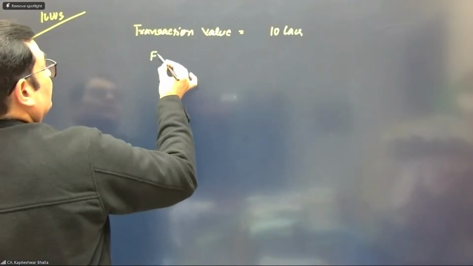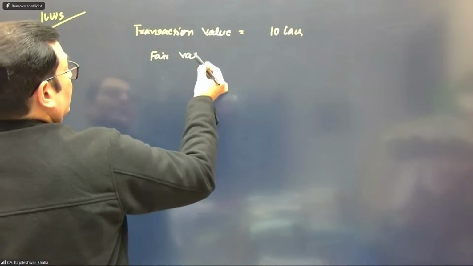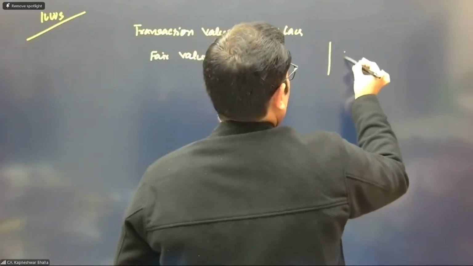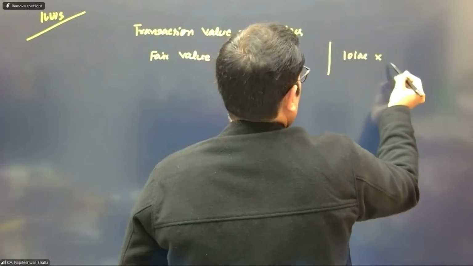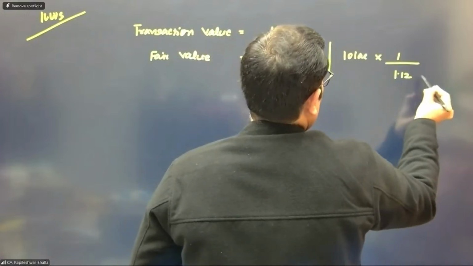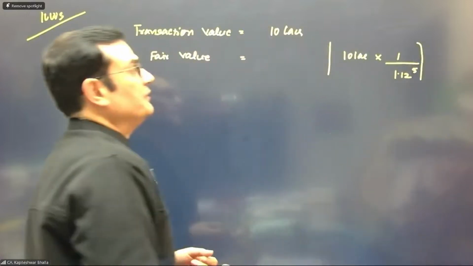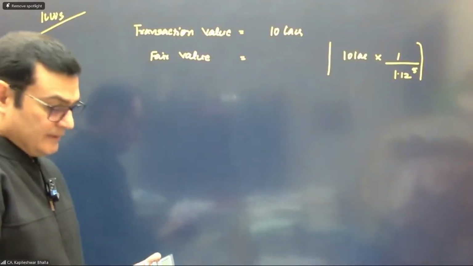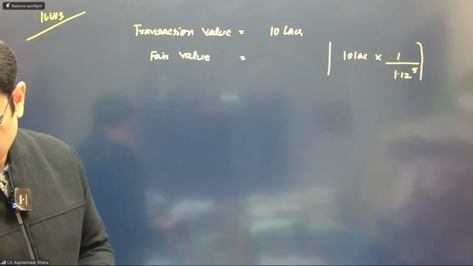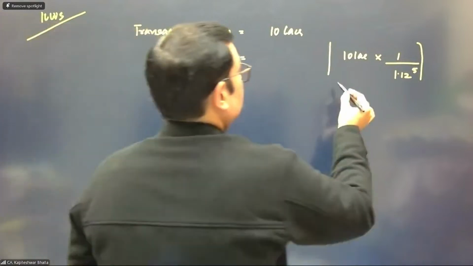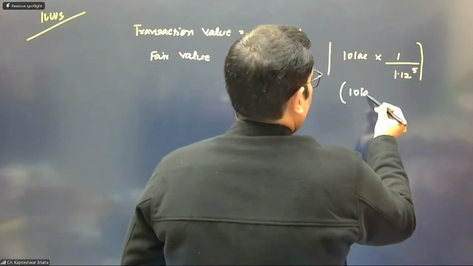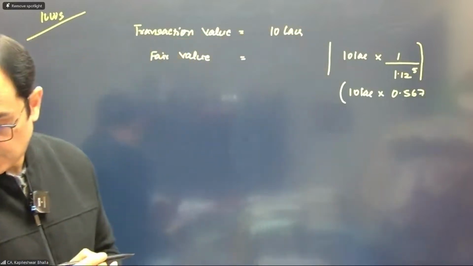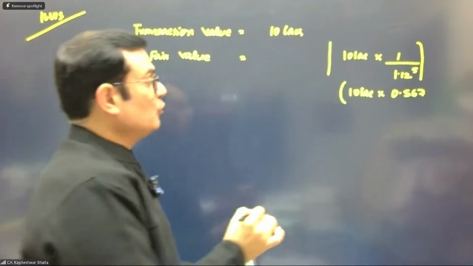Then we calculate the fair value of the deposit as well. The fair value is going to be the present value of this 10 lakh, which is going to be discounted at 12% for a period of 5 years. Let's see what is the fair value. The present value factor is given, 0.567427. So this is going to be 10 lakhs into 0.567427.